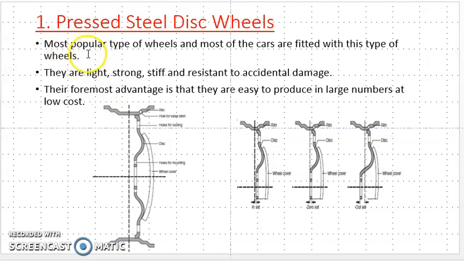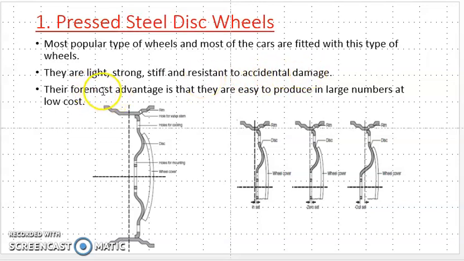This is the most popular wheel and most of the cars are fitted with this type of wheels. Okay, they are light in weight, strong, with high strength, stiffness and resistance to accidental damage.